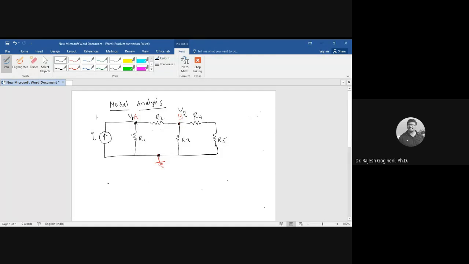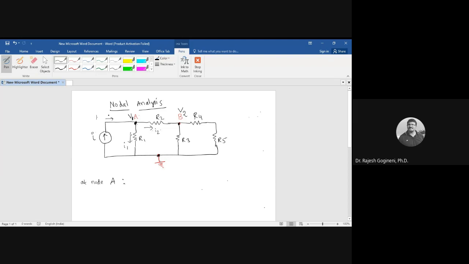Now we will write the KCL equations. First, let us assume at node A, write the KCL equation at node A. Assume the leaving currents. Assume the current is flowing in this direction, and here one more current I1, and this is I. Already I is given.